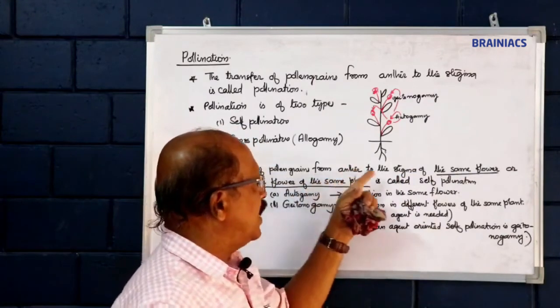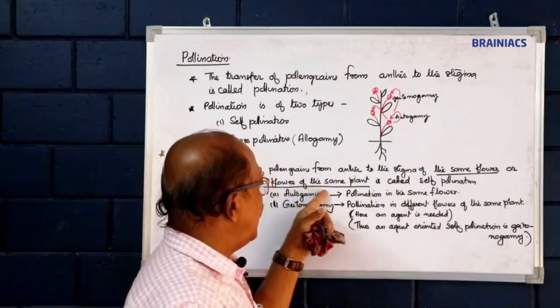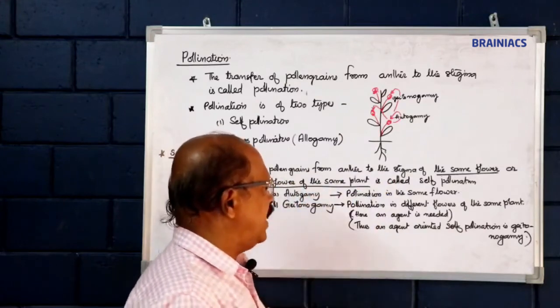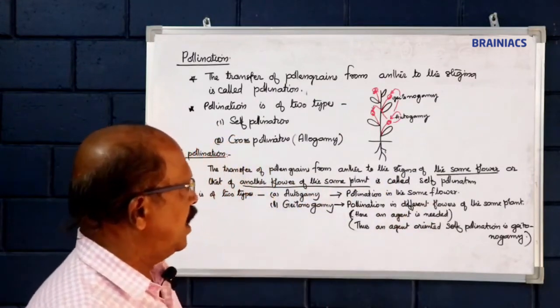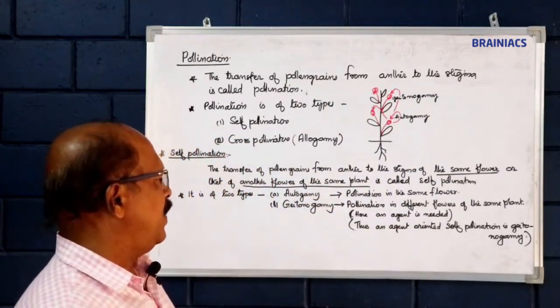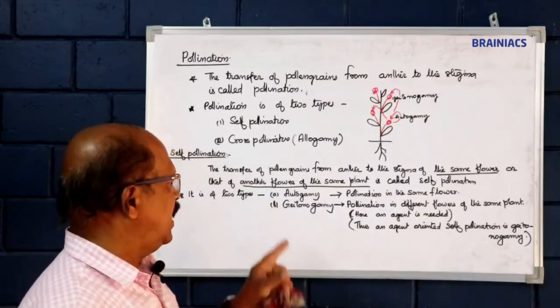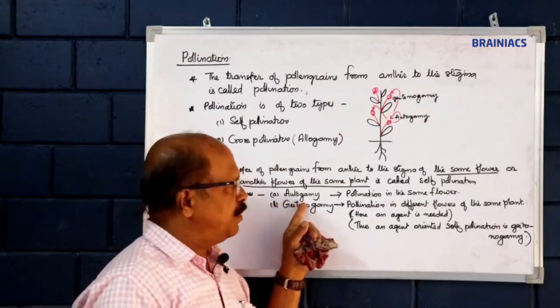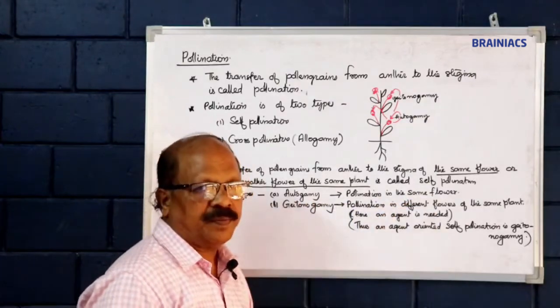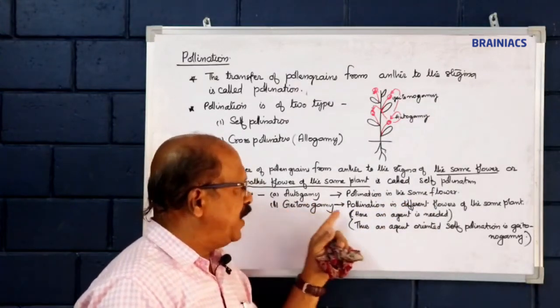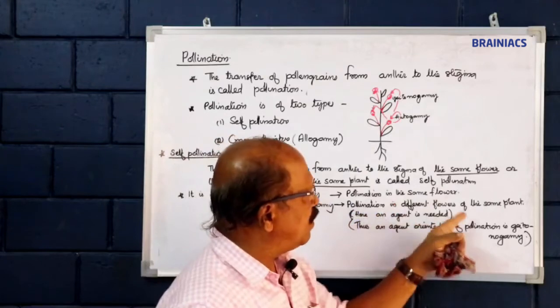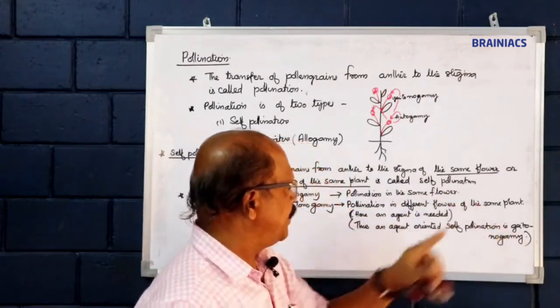Transfer of pollen grains from anther to the stigma of another flower of the same plant is called geitonogamy. To say it shortly, autogamy is pollination in the same flower. Geitonogamy is pollination in different flowers of the same plant.